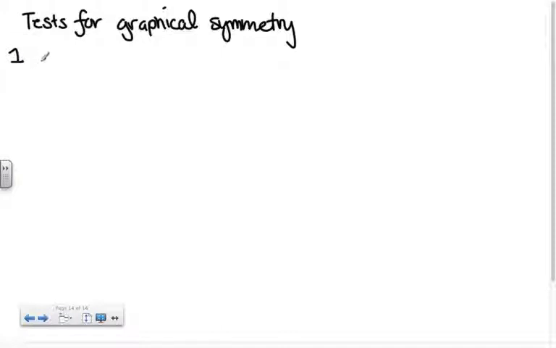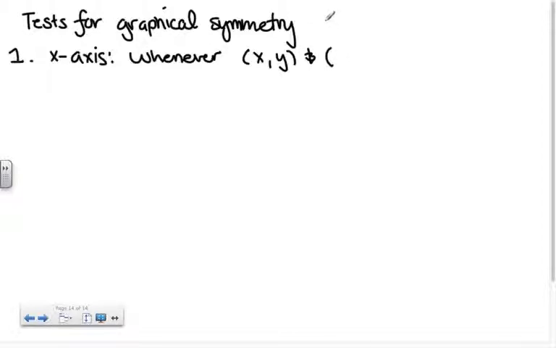So the first one is for x-axis symmetry. It's whenever the coordinate (x, y) is on the graph, and the point with the opposite of y is also on the graph.